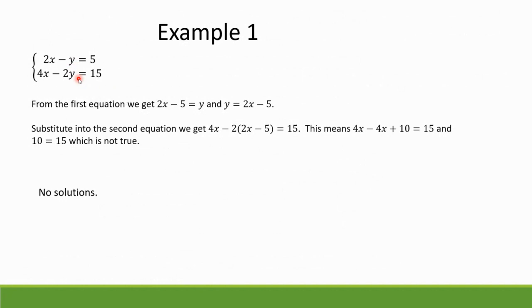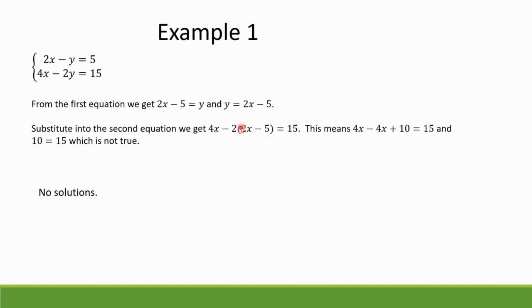We do that, and we get an equation in only one variable, x. We get 4x minus 2 times 2x minus 5 equals 15, as you can see.